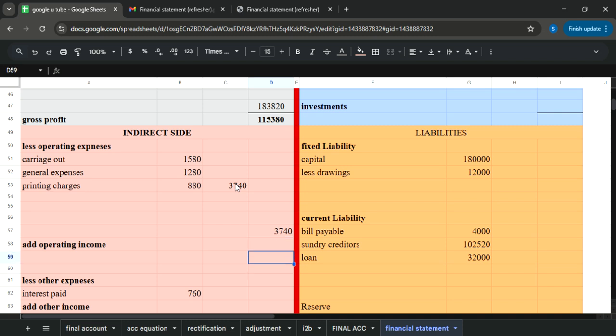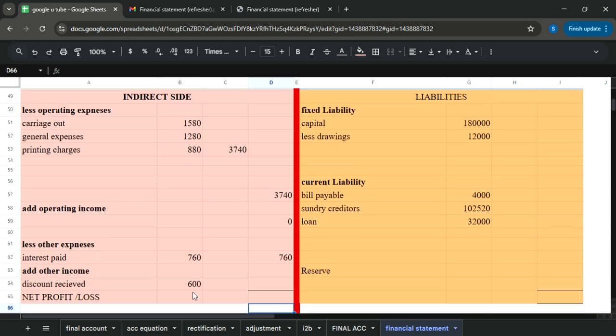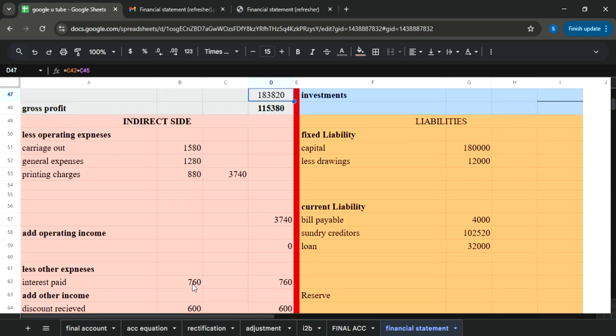There is no operating income. You can see it is vacant. After that we have only one other expense, which is 760, and then we have only one income, which is 600. So guys, here you are requested to please be very attentive.